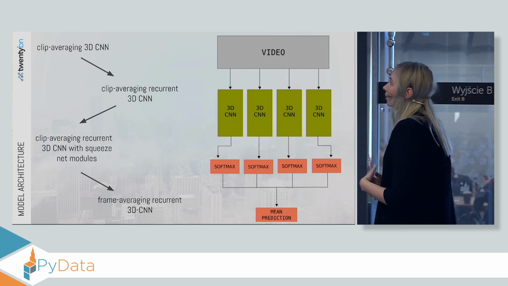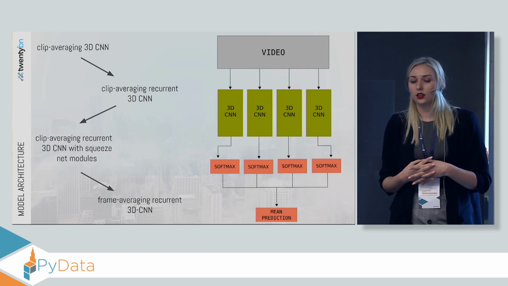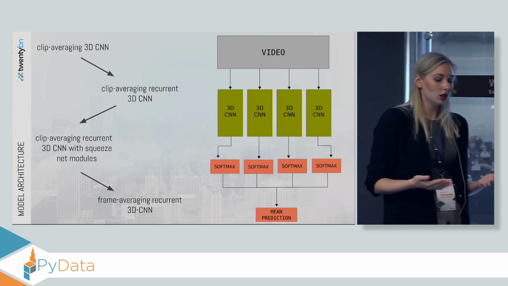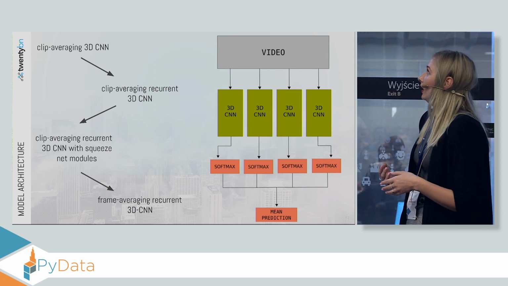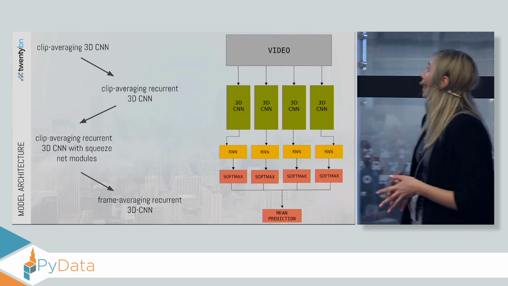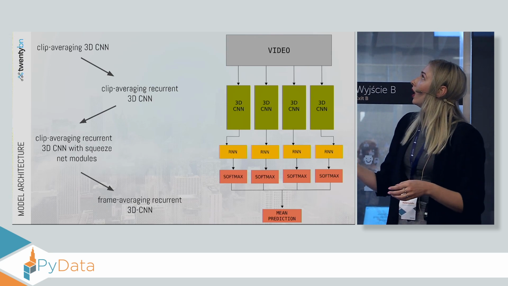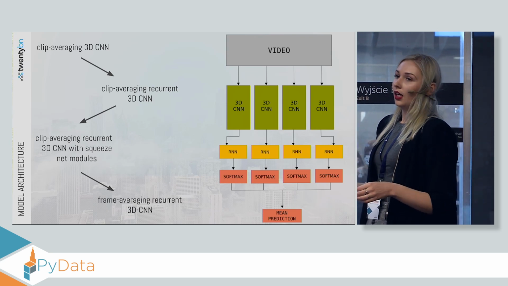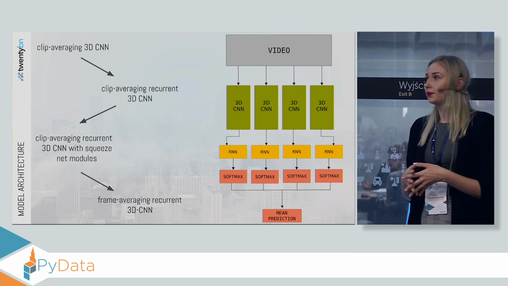While this worked pretty well, we noticed that in order to model longer temporal relations, we needed to add an RNN layer on top. So now we would have the features from the CNN fed into the RNN, and again the predictions of each column would be averaged.